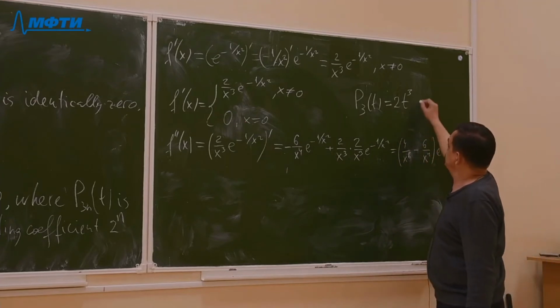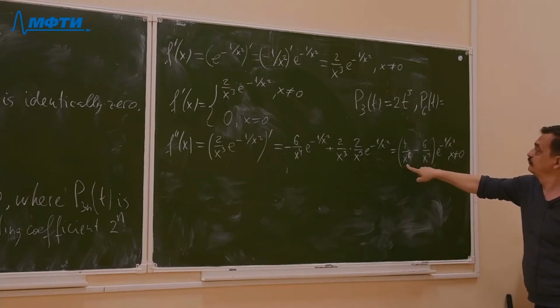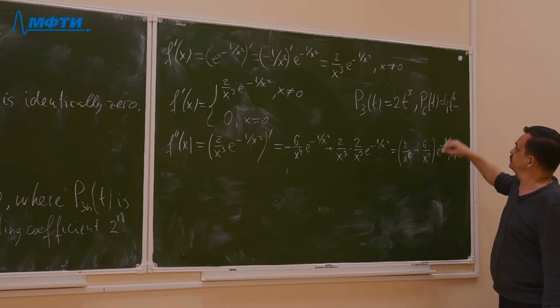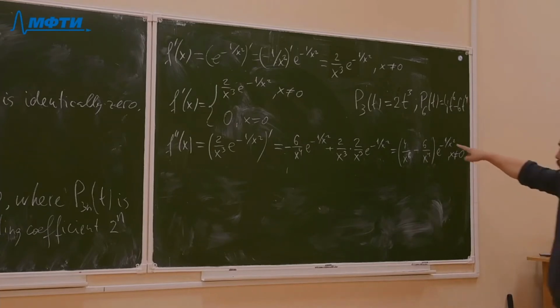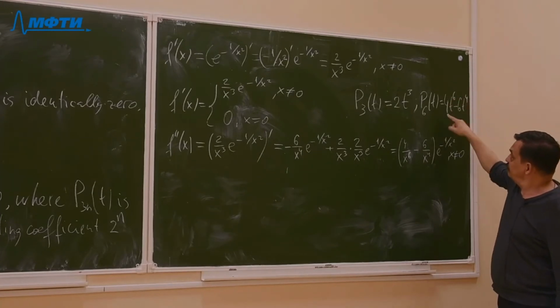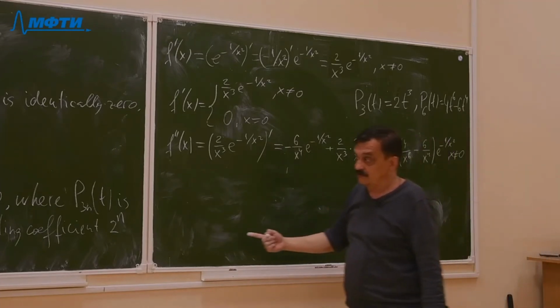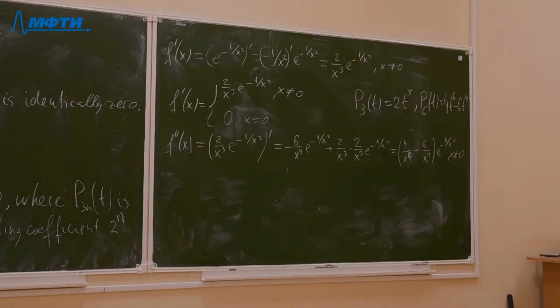Then, what is P6 of t? Look here, that is 4 t power 6 minus 6 t power 4. A polynomial of degree 6, right? Leading coefficient 2 to the power 2, 2 squared, right? So, for n equals 2, it is also true, right? So that is how we unify those two particular cases.